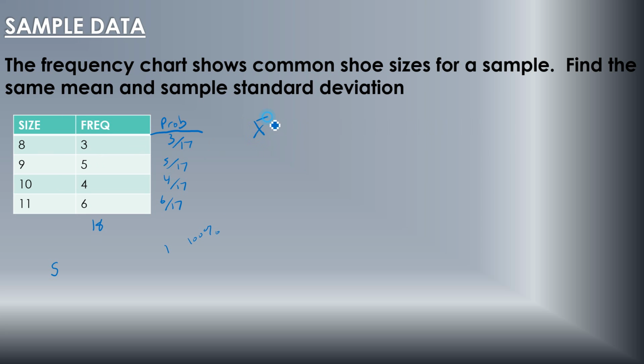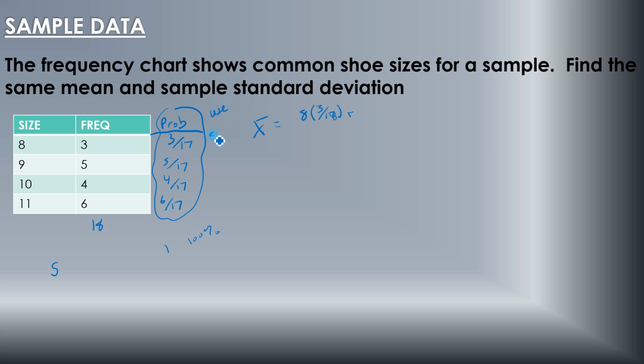And when we go to find our X, let's just go ahead and put this in. Got to type it into the calculator, but we would actually do 8 times 3 over 17 plus, now this is for, I'm going to use this if, so sorry, this will be 18.